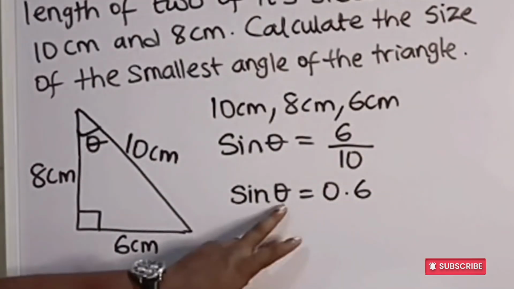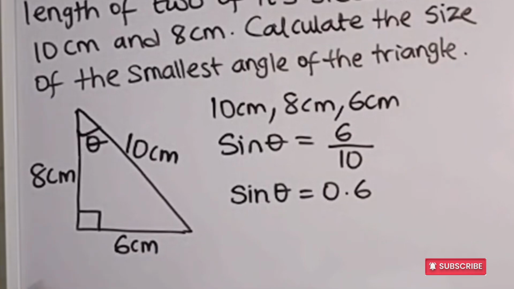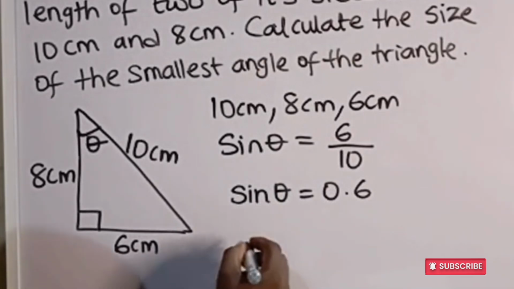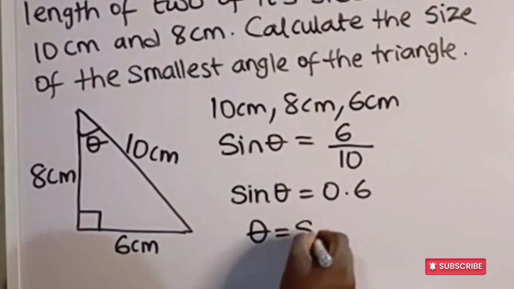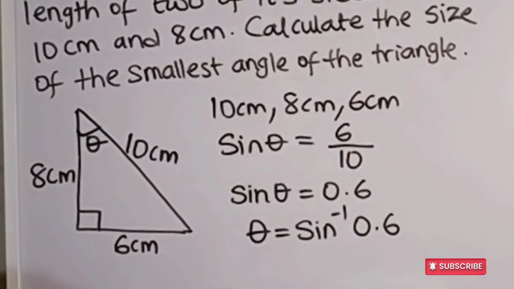So since we want to get theta, we need to move sine to the other side, and it's going to become sine inverse. So theta is equal to sine inverse of 0.6. I would like somebody to try and give me the answer. Sine inverse of 0.6. I think the person that said 37 got the answer.